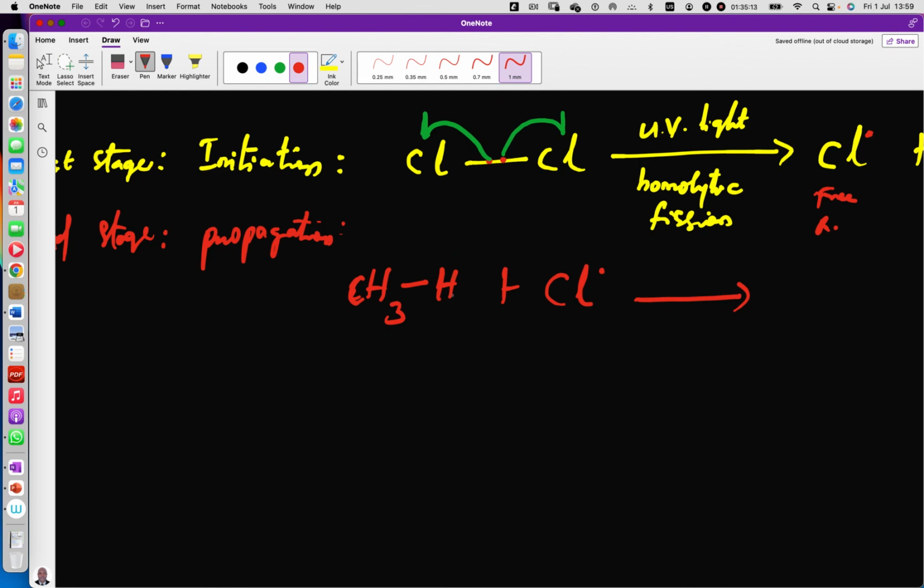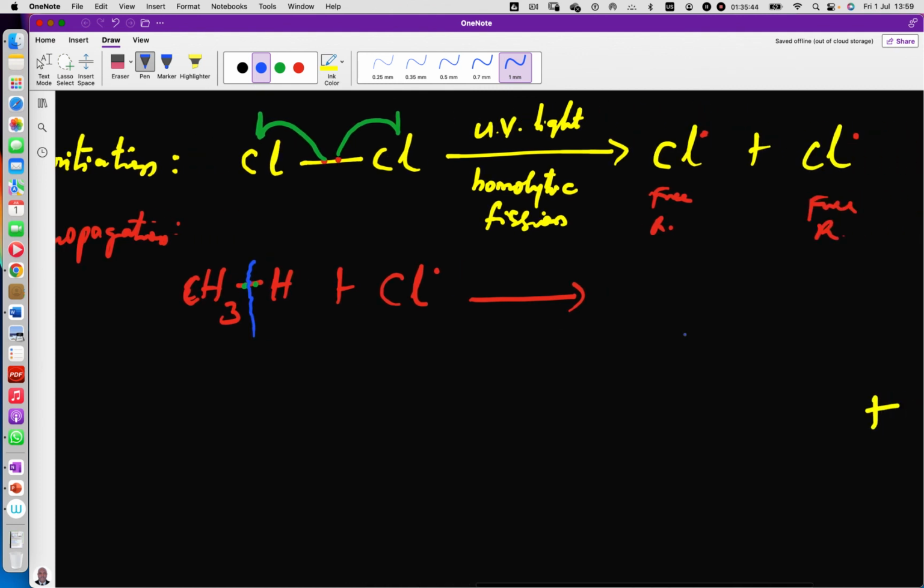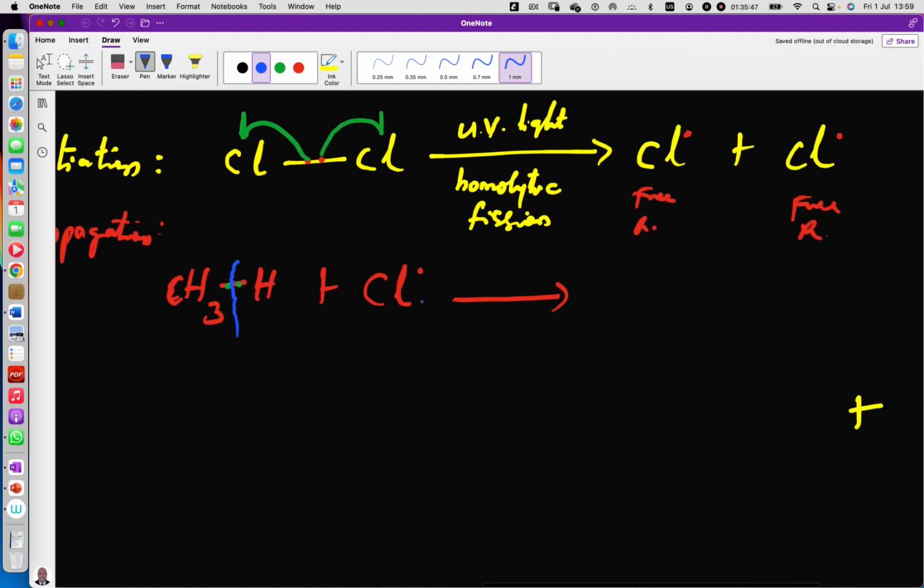It will break, releasing, at this stage, a free radical. There is a pair of electrons here, so when this happens, the bonding electron will split, and a free radical is going to be formed.